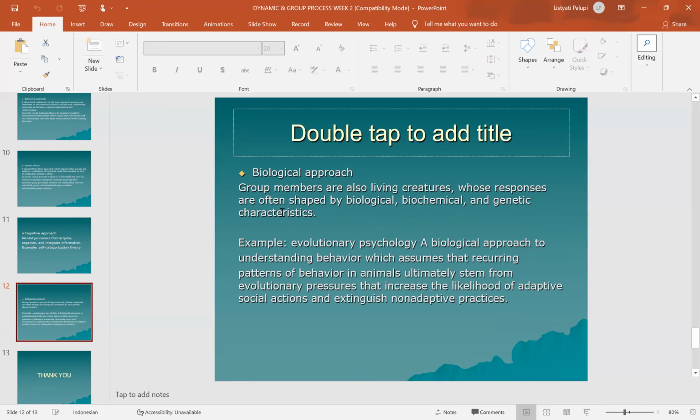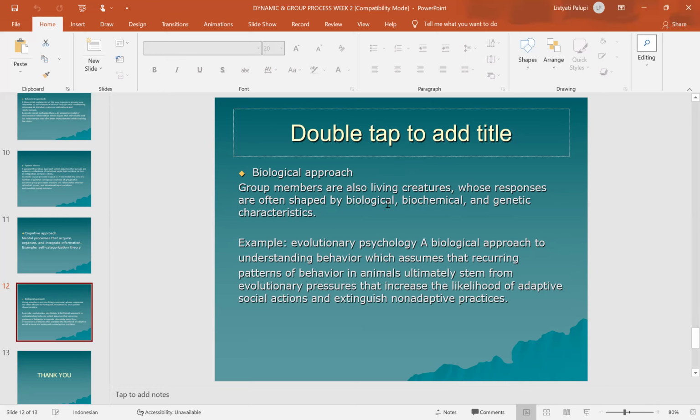The biological approach focuses on how individuals respond to the environment, and it's closely related to something you've perhaps learned in senior high school or even junior high, Darwin's evolutionary theory.